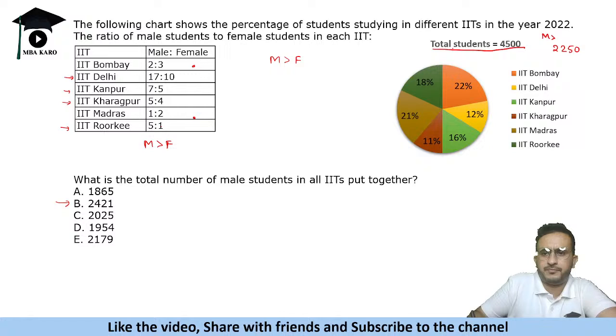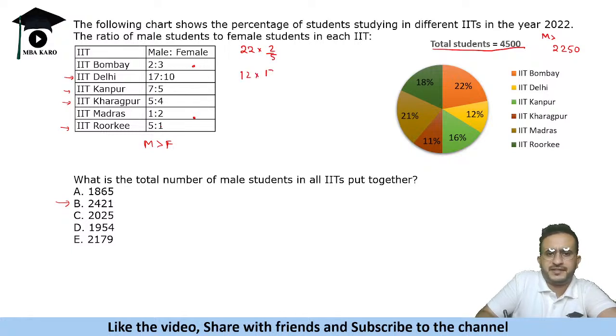So we have to find the number of male students. Okay, so male students निकालने, so 22% का 2 by 5, then it is 12% का 17 by 27. Okay, IIT Kanpur is 16%, 16 का 7 by 12, and then we have Kharagpur is 11% का 5 by 9.